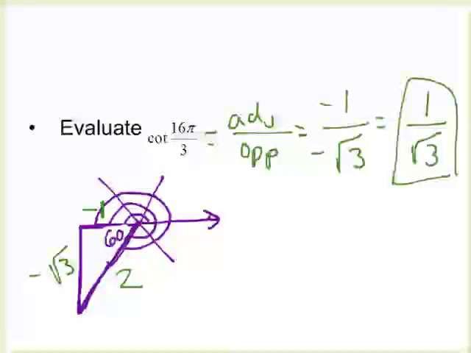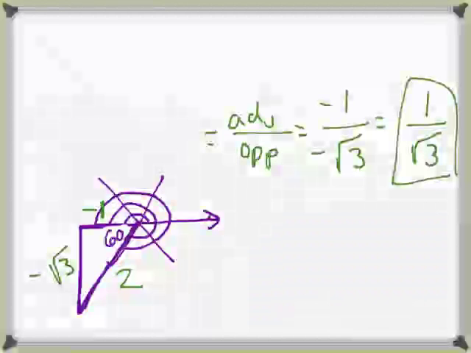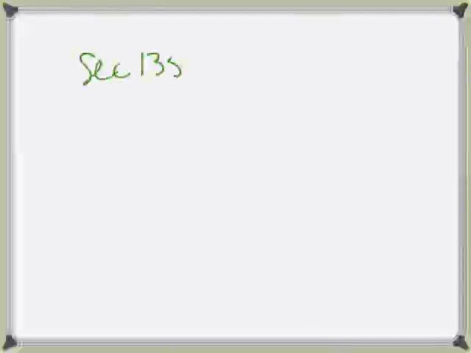The other two I don't have slides for, so we'll just do those on a blank board. The first one we'll do is the secant of 135. So we'll graph that.